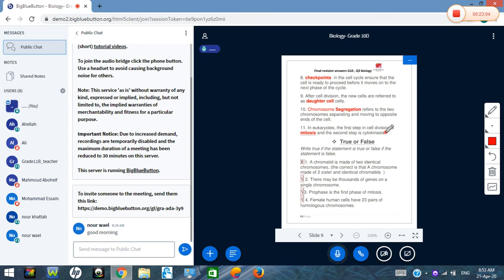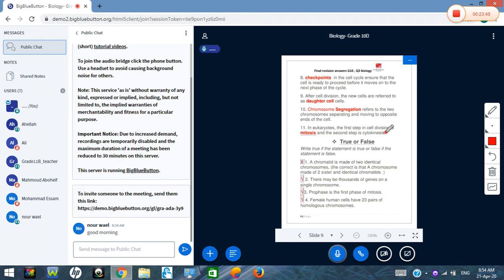Number 10, chromosome segregation refers to the 2 chromatids separating and moving to opposite ends of the cell. At mitosis division, in anaphase, after metaphase, during metaphase the chromosomes are aligned at the cell equator.